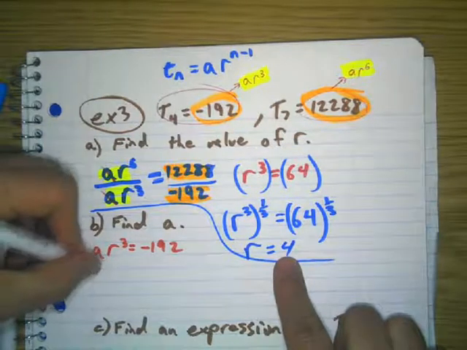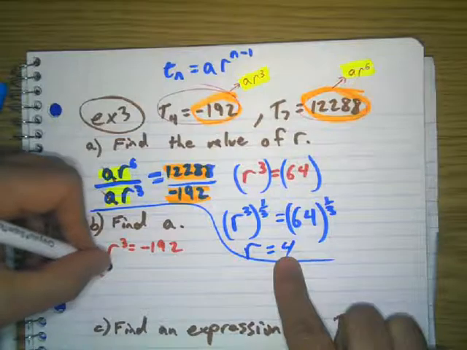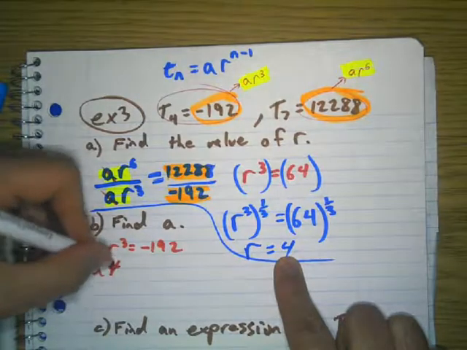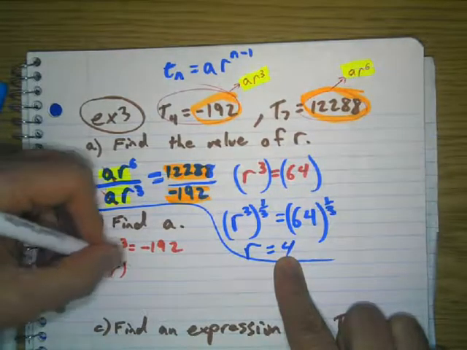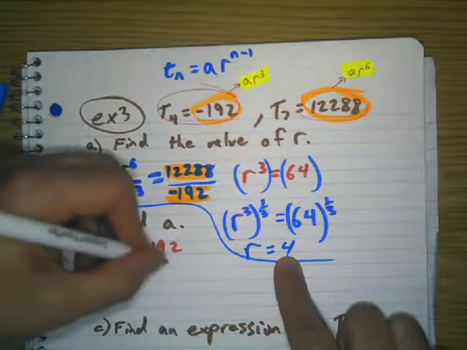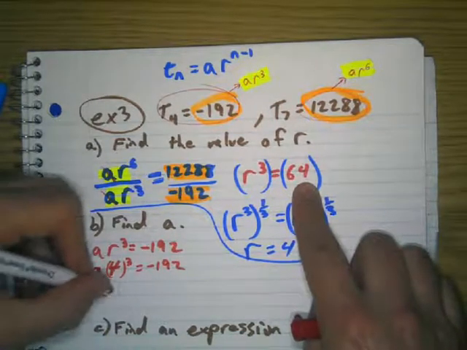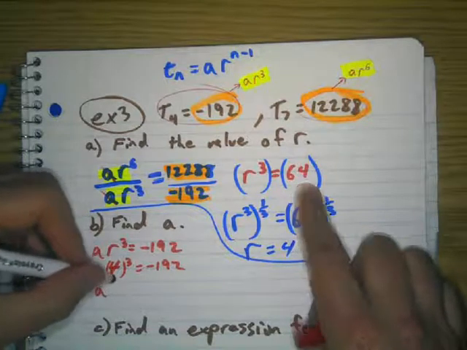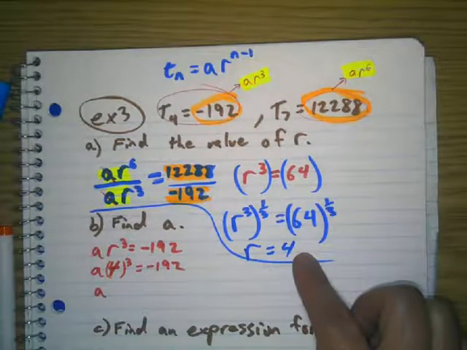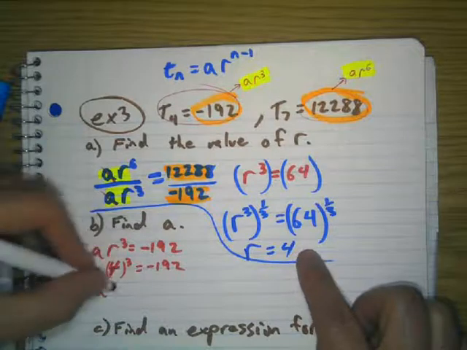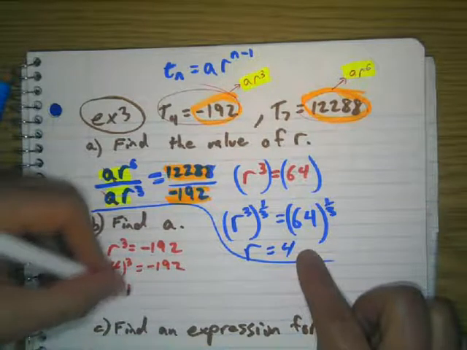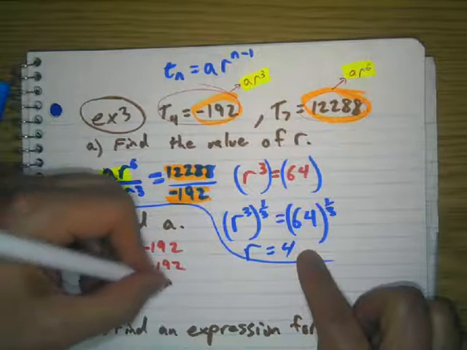So a times 4 cubed equals negative 192. Well, 4 cubed is 64, right? So a times 64 equals negative 192.